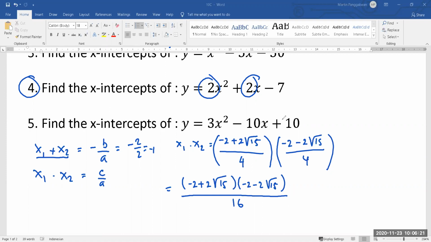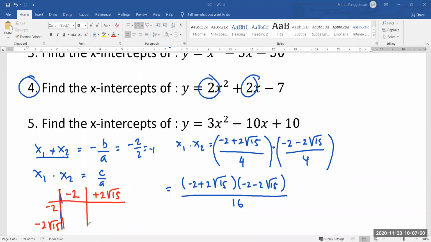So far, any question? If you multiply the first one and the second one, how do we multiply the numerator? Again, we find this situation like this one, right? If you don't like to use that, you can use the box method. With a different color here, I have negative 2, plus 2 square root of 15, negative 2, and negative 2 square root of 15.